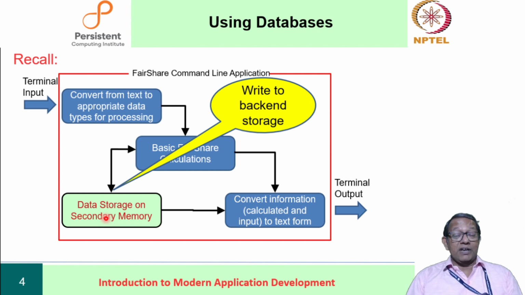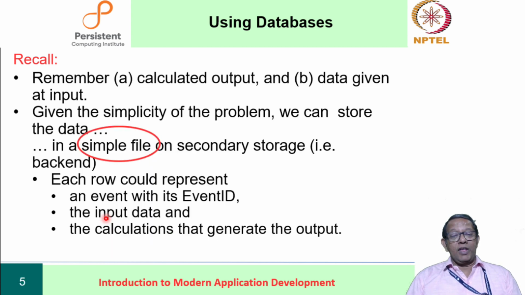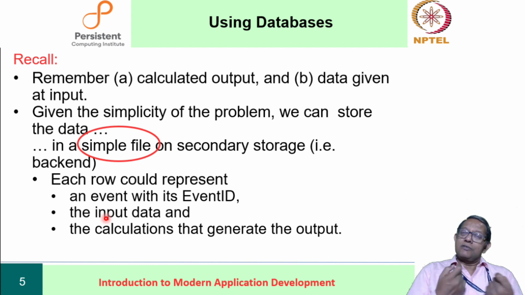At that point we had said we will look at databases when we come to that. Well, we have arrived at that point where we now need to consider databases. At that point we had said that we would simply use a file. In that file also our organization was very similar to the spreadsheet. Each row represented an event.